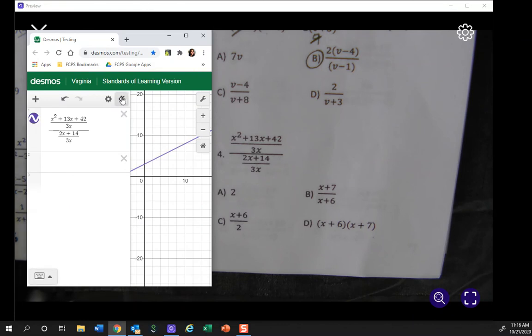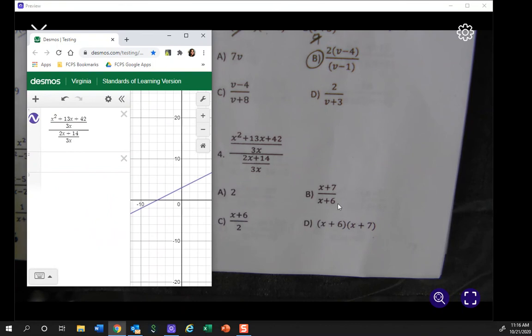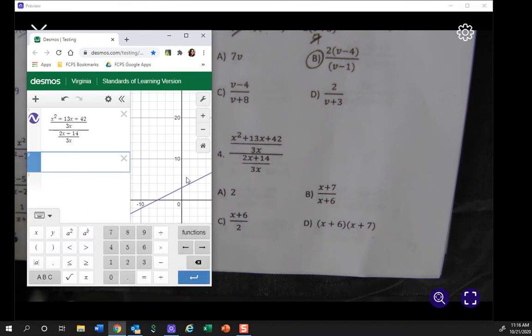Okay, so there's my graph, and then now I'm going to see which one. So it's not 2, because if it was 2, then it would be like a vertical line at 2. And then over here, let me graph this. So you have x plus 7 over x plus 6. That's not it.